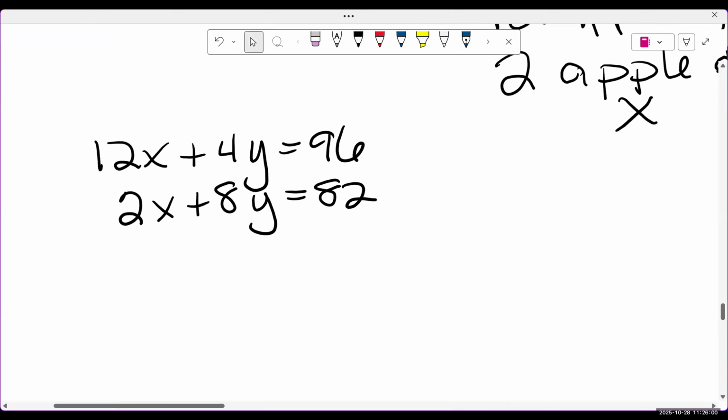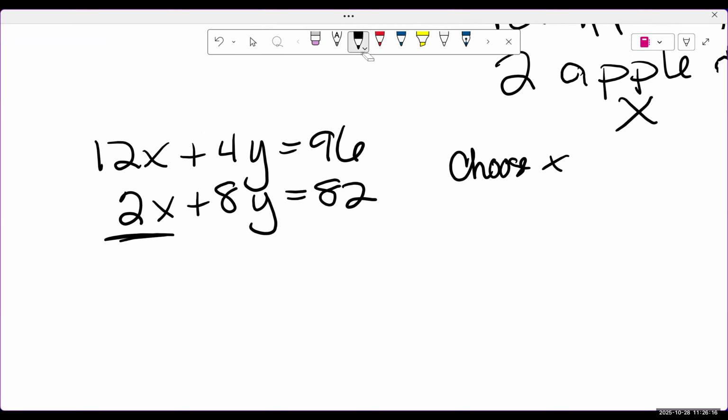I'm going to choose a variable to cancel. So let's cancel. I'm going to choose X. So how can I add down and make the X cancel? I want this to be negative 12. So in order to get my X to be negative 12, I'm going to multiply by negative 6.